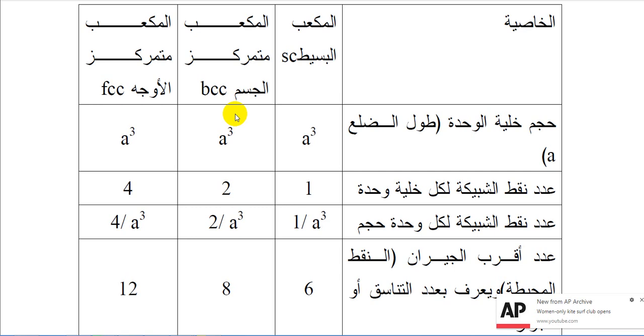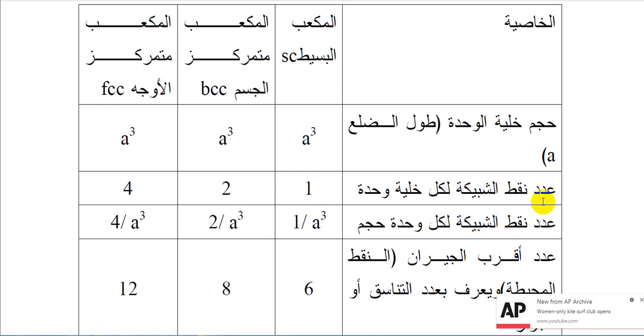A cubic, which is mainly the volume of the unit cell given by the lateral length A. For the face centered cubic, the same thing as well. يعني في الخلية المكعبة متمركزة الأوجه نفس الأمر كذلك، A تكعيب.